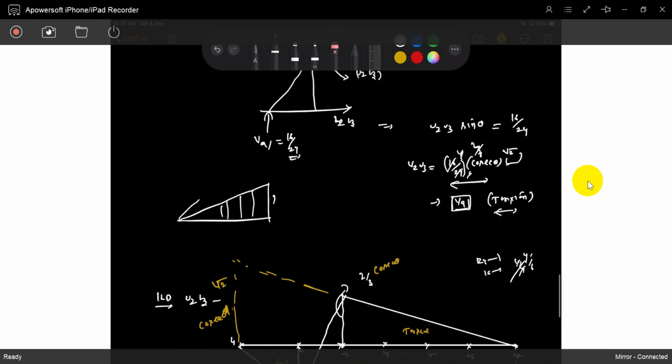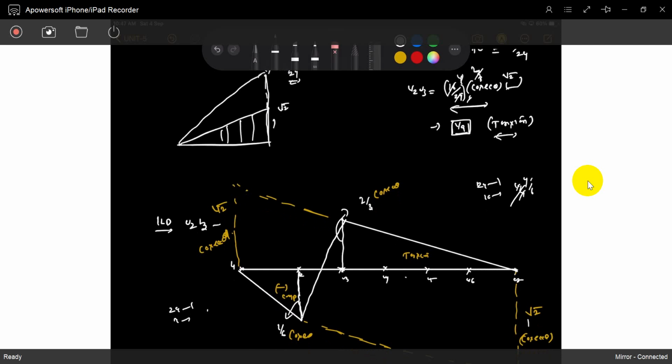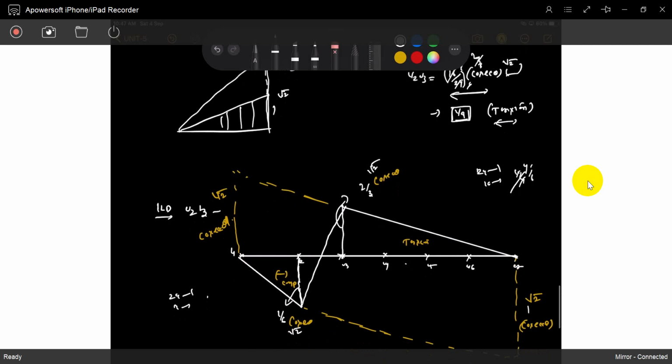It's shifted like this. So by representation, you can just draw with respect to 1 and show it is multiplied with root 2. So it is 2 by root 3, it's root 2, 1 by 6 root 2. That's it. Okay.